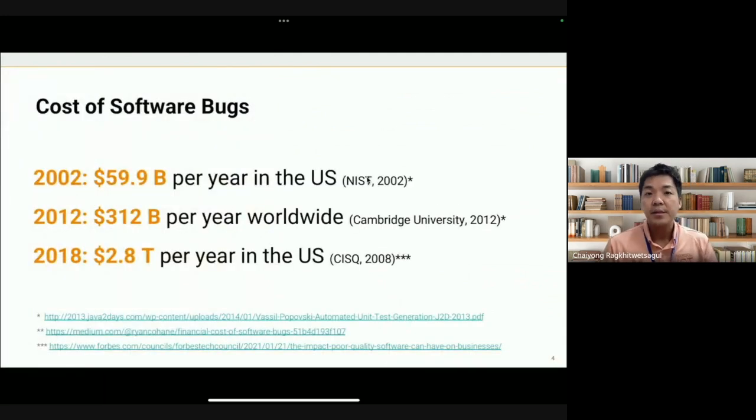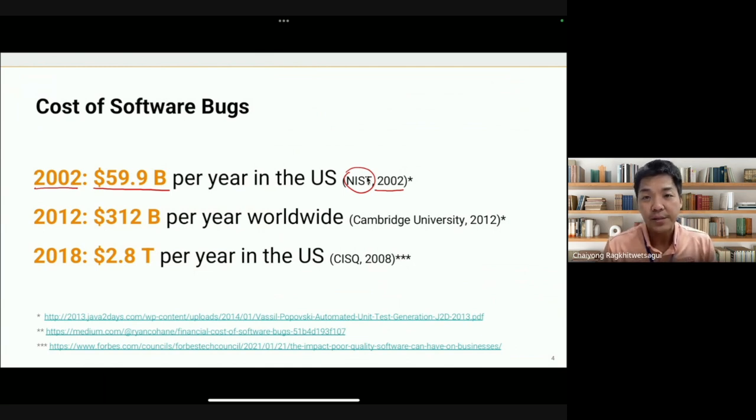There are many studies that try to see how much software bugs can cost, and there are a lot of costs involved. The first one occurred in 2002 by NIST in the US. They found that in 2002, the cost of software bugs was around $60 billion per year.